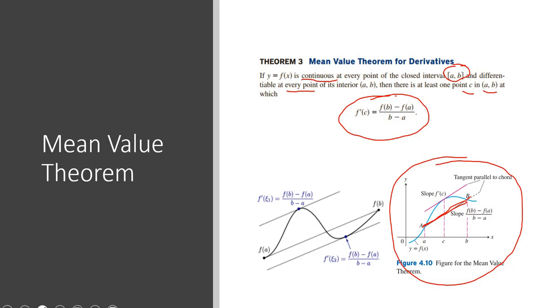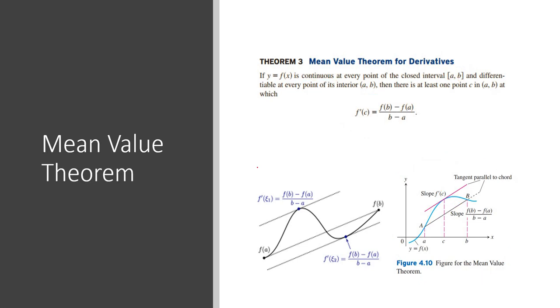Now, what the mean value theorem says is that, yes, we have a bunch of different tangent lines over that interval. However, if from the interval A to B our function is continuous, meaning it doesn't have any discontinuities like holes or asymptotes, and is differentiable at every point between A and B, then at some point one of our tangent lines, like this pink one over here, is going to have the same exact slope value as the average over that area.